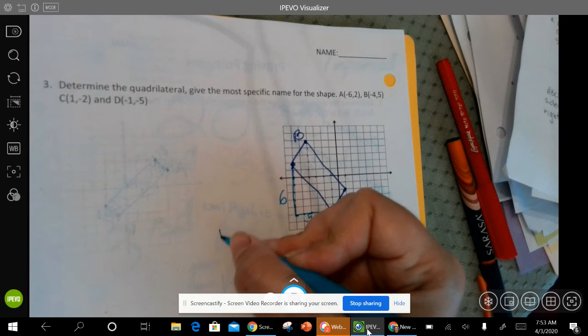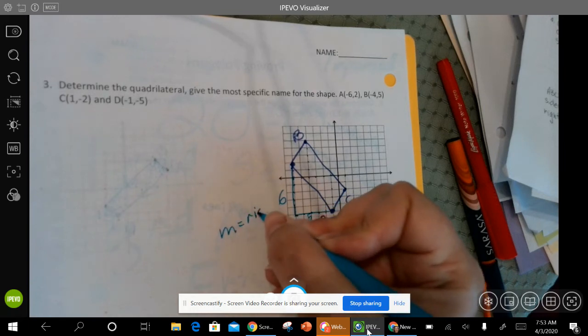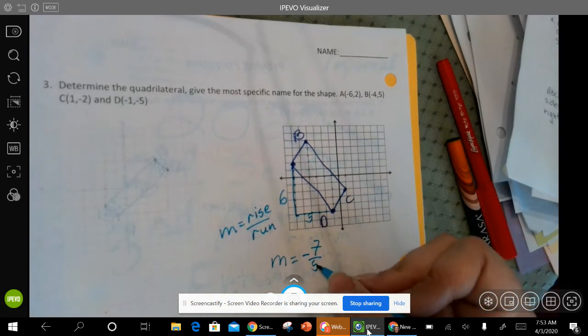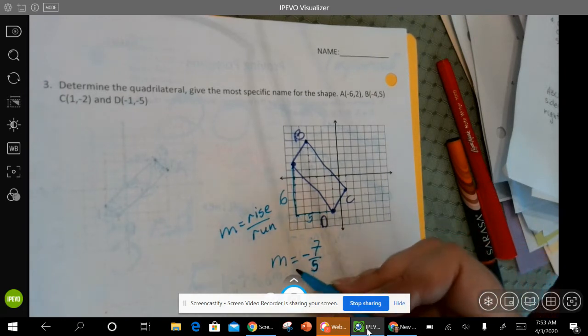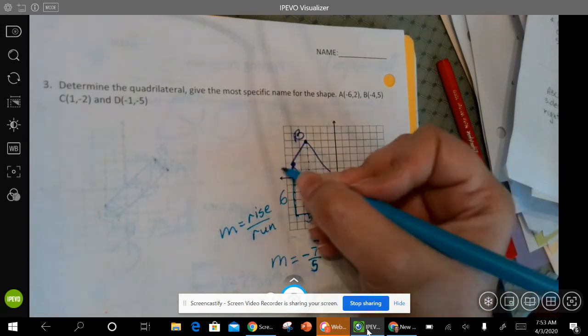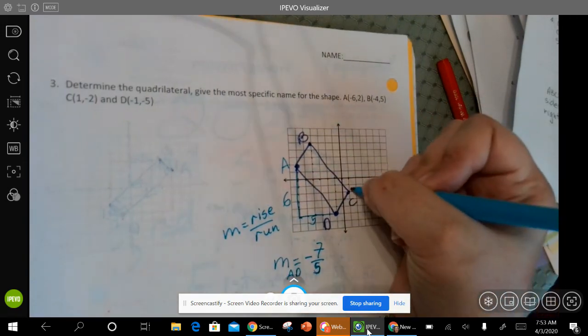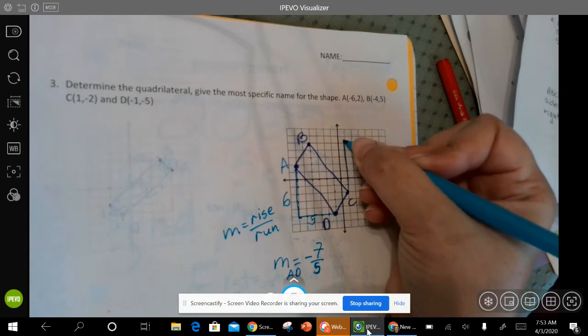So remember slope again is rise over run. So you want to graph these. Everybody use Desmos to help you graph these. So we're going to graph them. Okay, and then this is the slope for AD. Okay, and then we should get the same thing for this one.